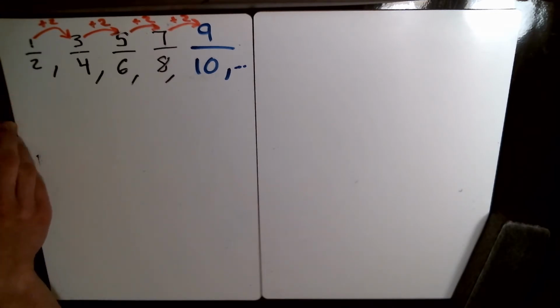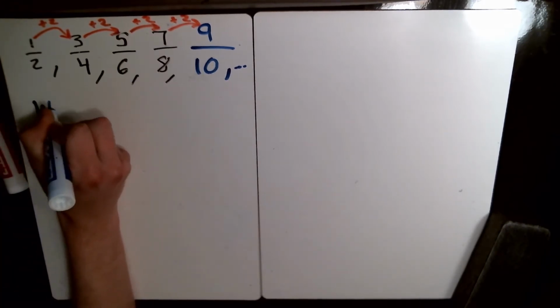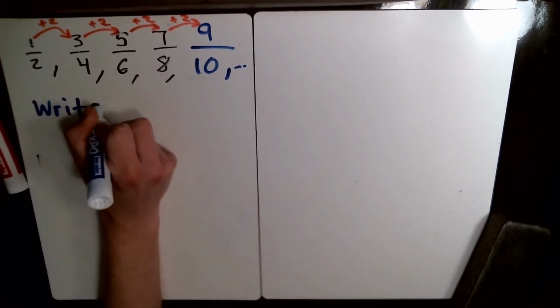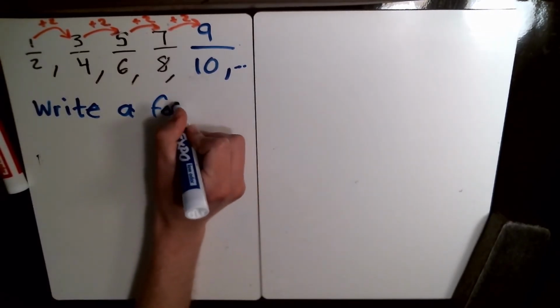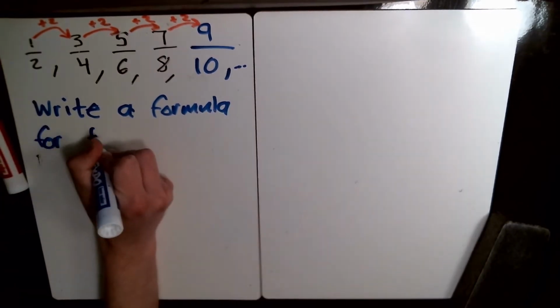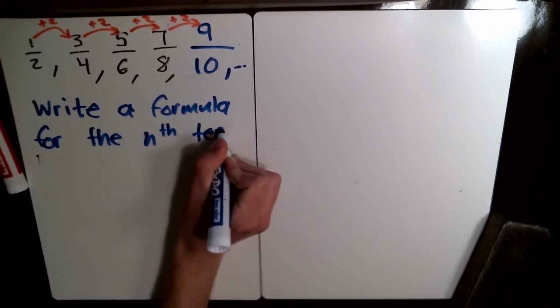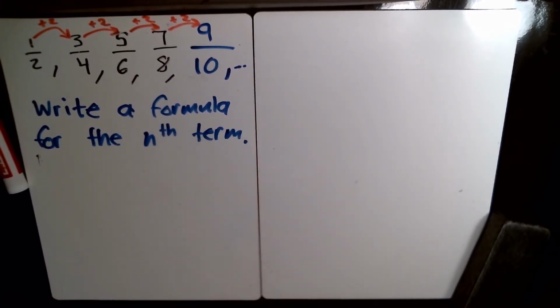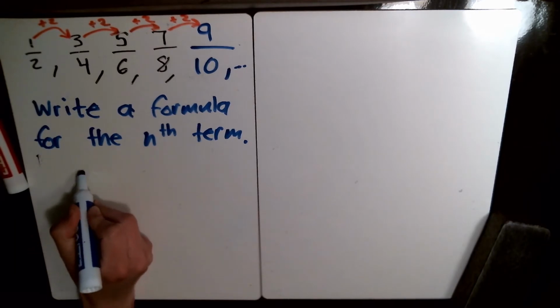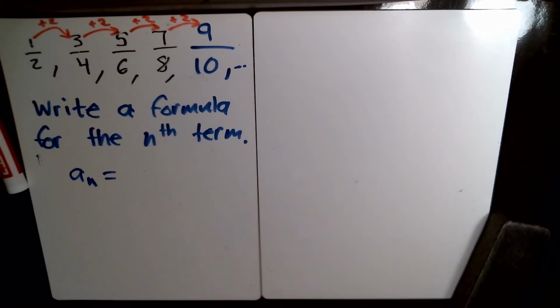So what we're going to do is write a formula for the nth term. Let's say I have n, some natural number. It can be any natural number I want.